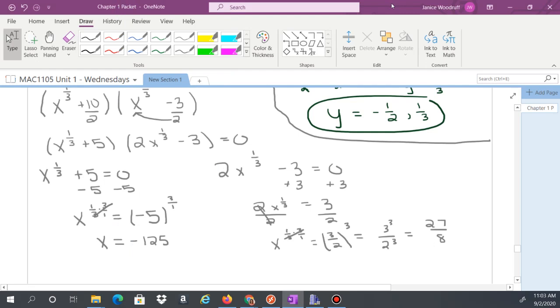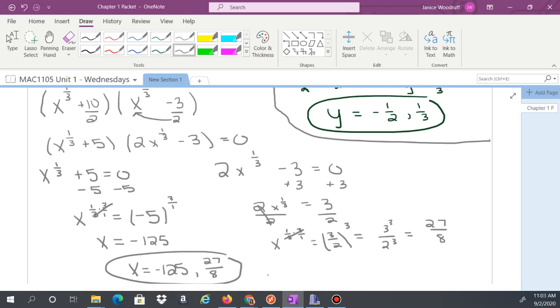Two solutions: x equals -125 and 27 over 8. If you give the decimal answer, you might get marked wrong. On the test, if it's a short answer question, I'm not going to mark that wrong as long as you're showing your work.